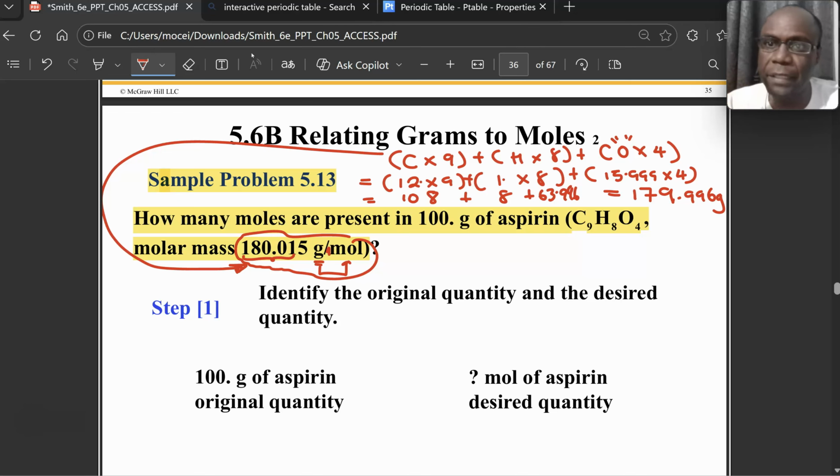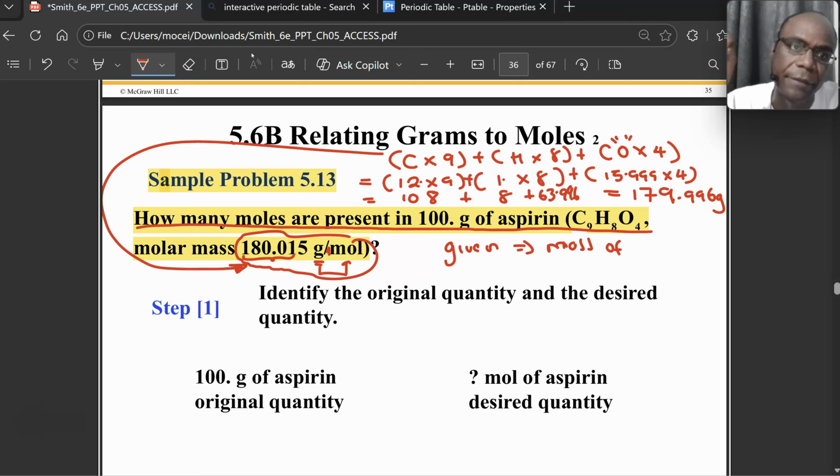Okay, so we read again the question. How many moles are present in 100 grams of aspirin, given the molar mass of aspirin is 180.015? What I'm given here is the mass of the aspirin sample.